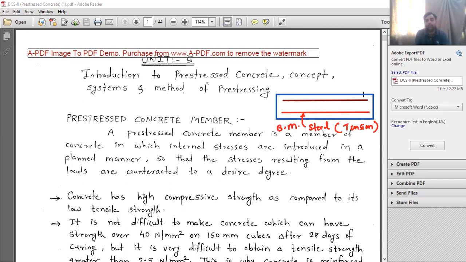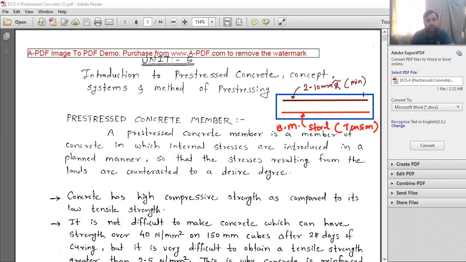We calculate the bending moment at the bottom, and the steel which is provided at the top is generally a minimum of 2 bars of 10 mm diameter. This minimum is according to the IS code.